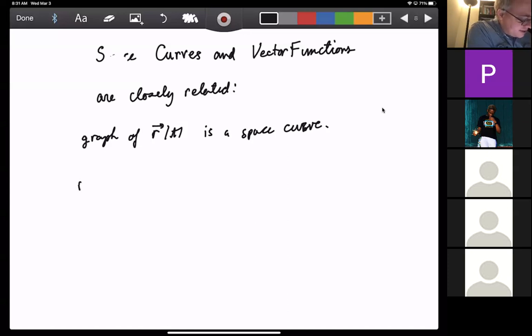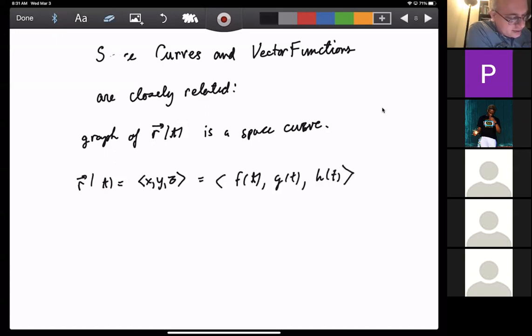So if r of t looks like that, and let's say we're working on some interval for t as our domain.